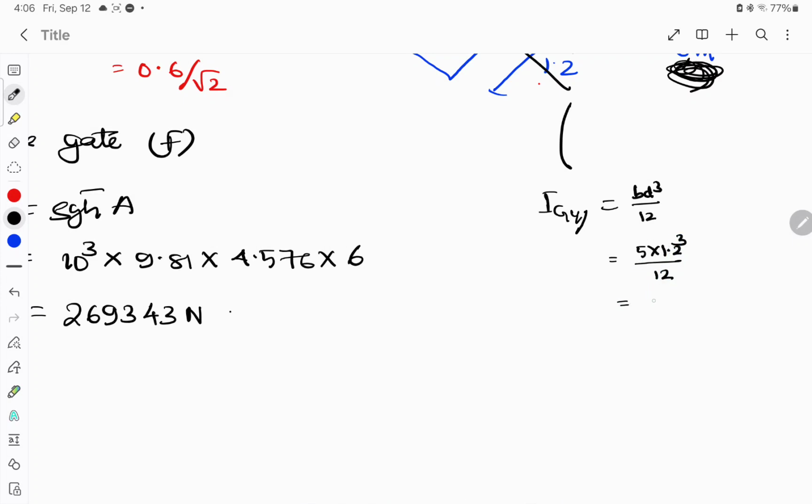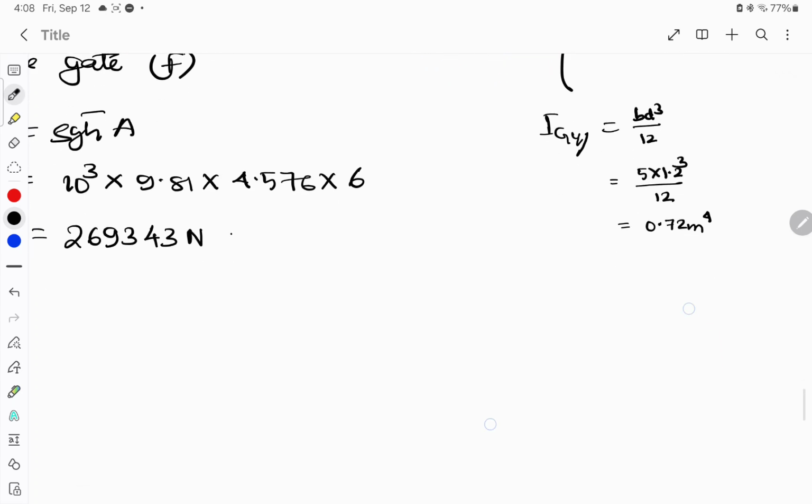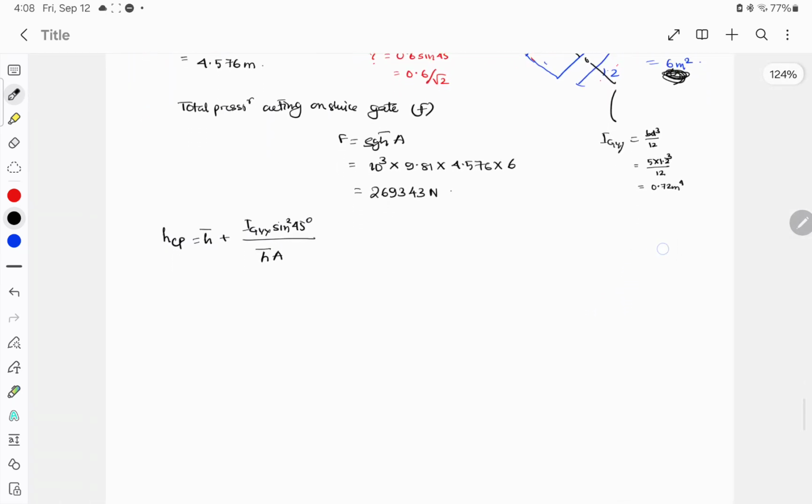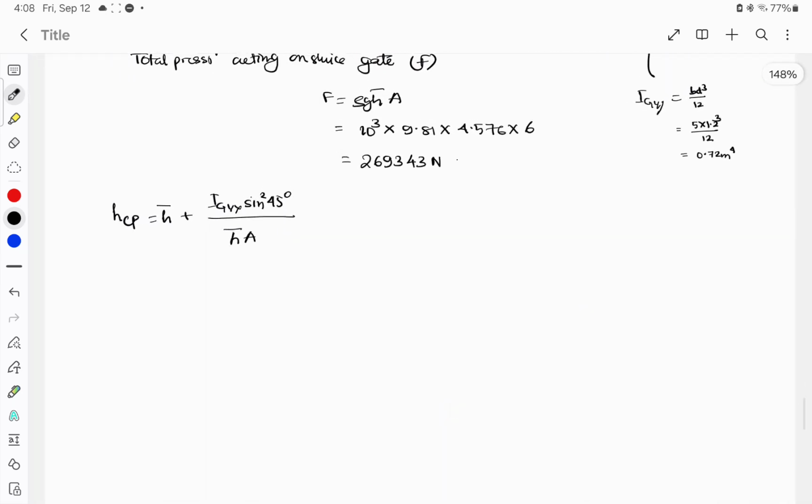That is 0.72 meter to the power 4. Okay.